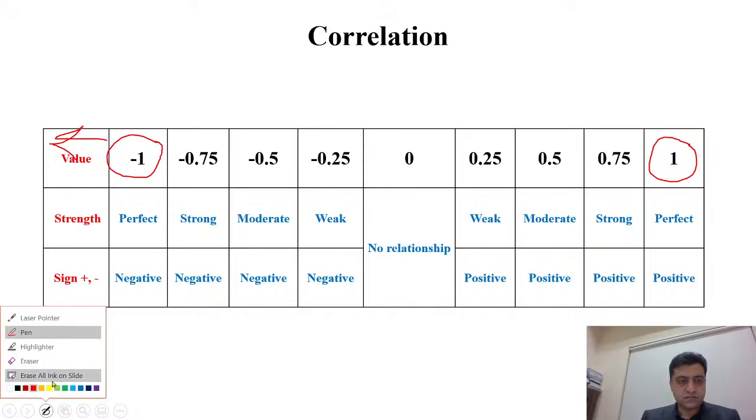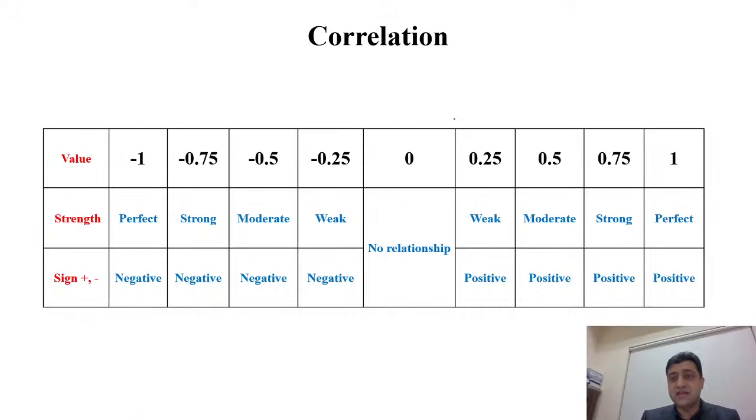It can be anything between +1 and -1, which means it can be -0.99, +0.99, 0.30, -0.30, -0.55, or +0.56, anything between -1 and +1.